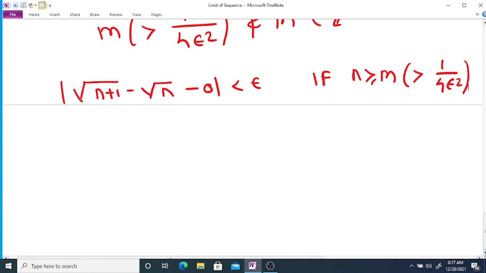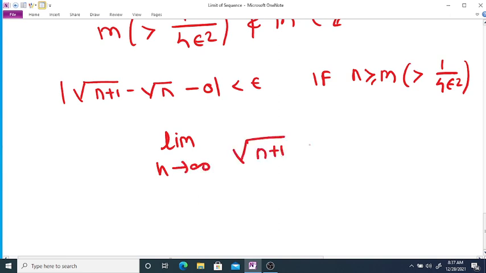Hence this is true for any epsilon greater than 0, and therefore the limit as n tends to infinity of square root of n plus 1 minus square root of n is equal to 0. Thank you.